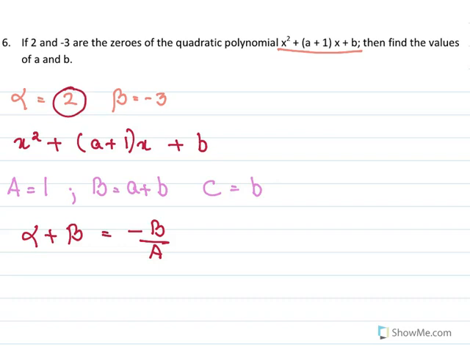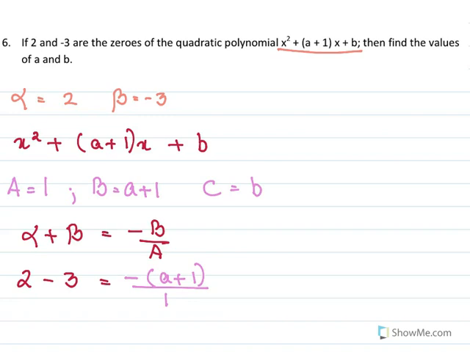Now alpha is 2 and beta is minus 3. So I have 2 minus 3 equal to minus B by A. So minus B by A would be minus (a plus 1) over 1.